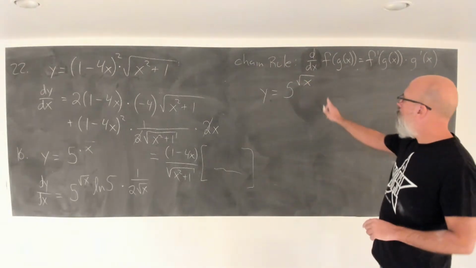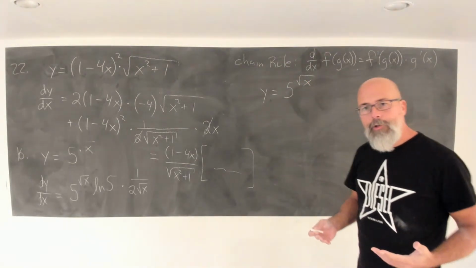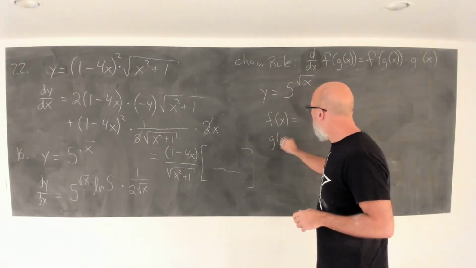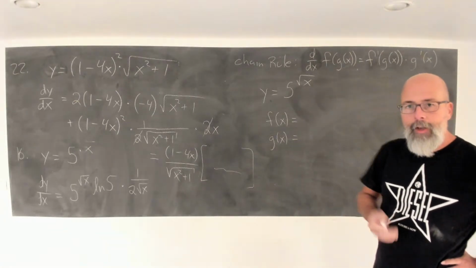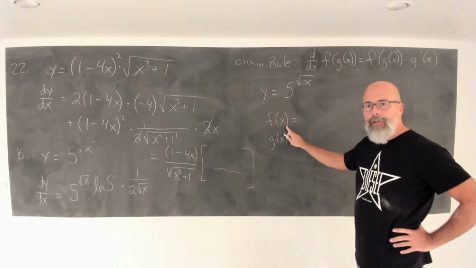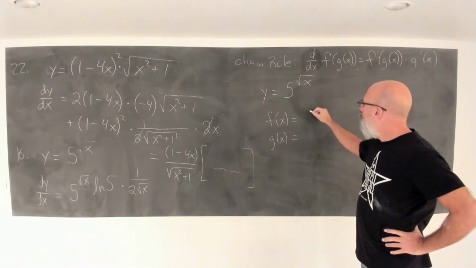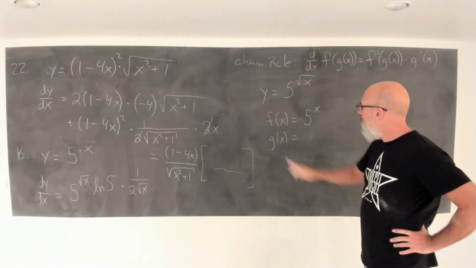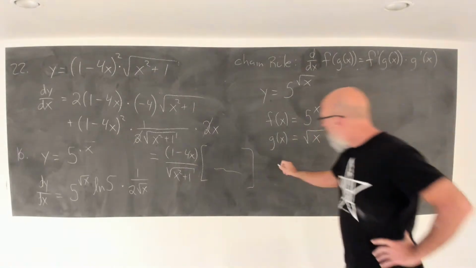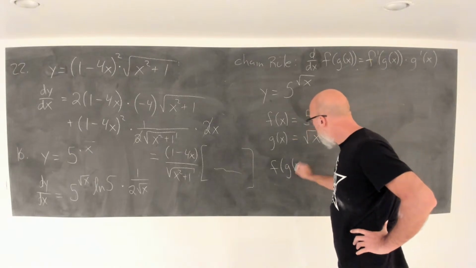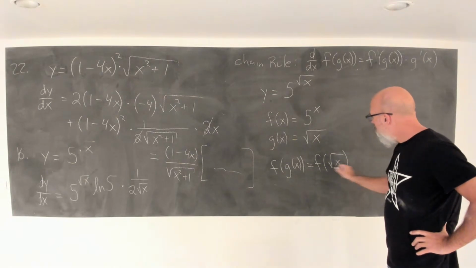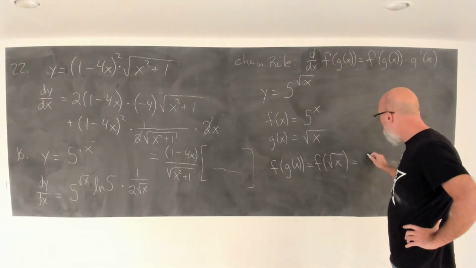I was suggesting here that you should decompose this as the composition of two simpler functions. What functions am I referring to? Functions whose derivatives you're comfortable with. f of x is 5 to the x. g of x is square root of x. So that if you look at the composition, g is root x, and everywhere you see an x in your function f, you replace with root x.